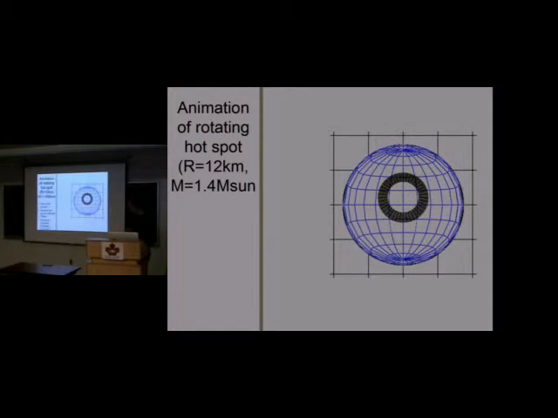Now, how do I, nope, I have to go back. Oh, I guess I need to click it. There we go. So you can see that with the magnification, the spot gets bigger, and you can see it well. You can see both spots at the same time, even though they're exactly antipodal, on opposite sides.